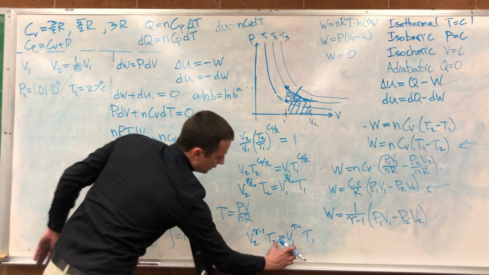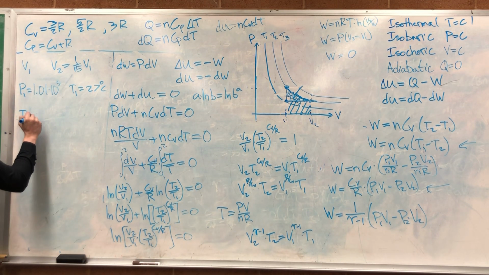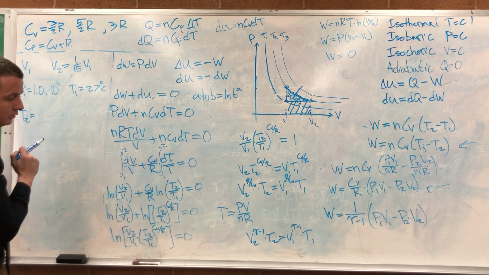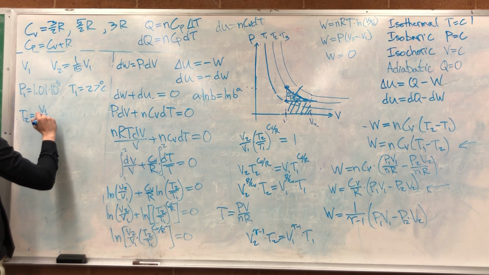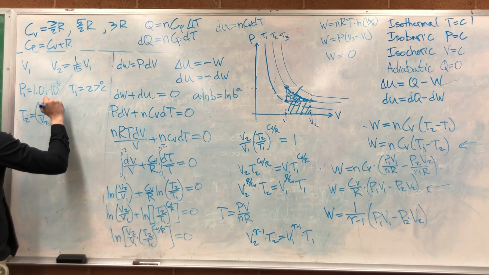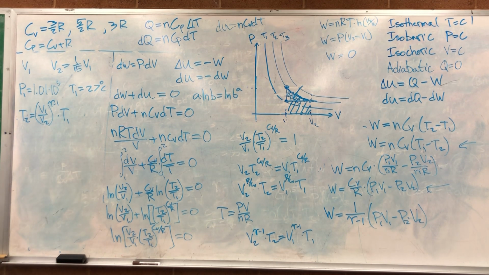Okay, so final pressure and the final temperature when we undergo an adiabatic process. So here's how we're going to get our final temperature. I know T2 is equal to V1 over V2 to the gamma minus 1 times T1. Right?